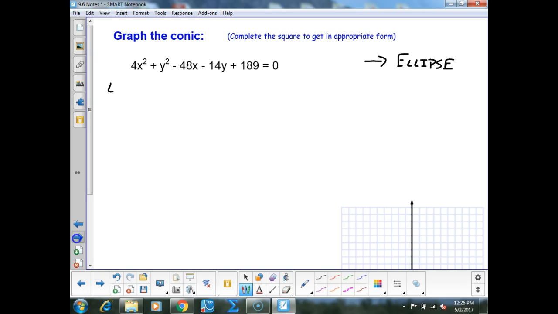So I would go 4x squared minus 48x with a space, plus y squared minus 14y with a space, equals negative 189.